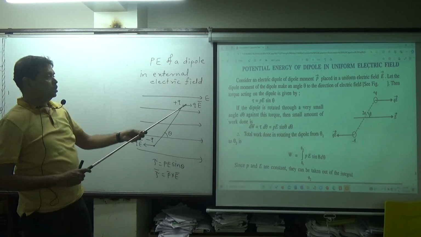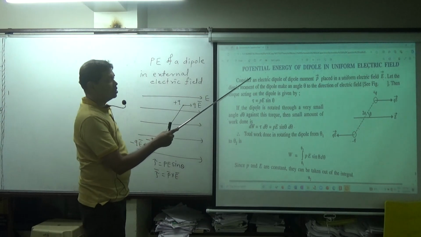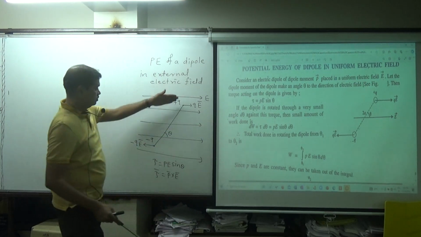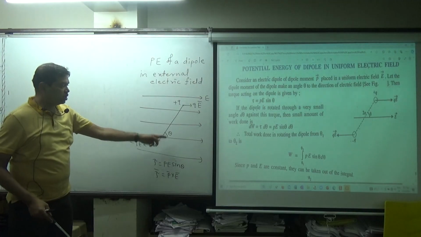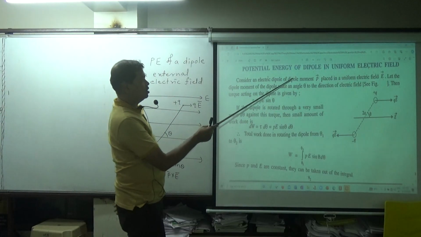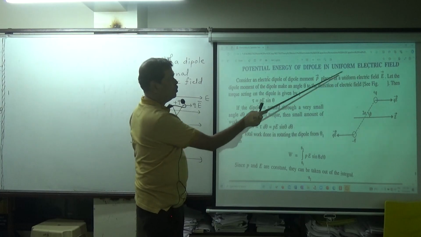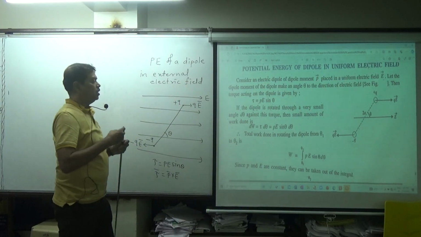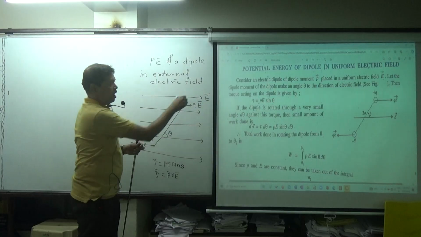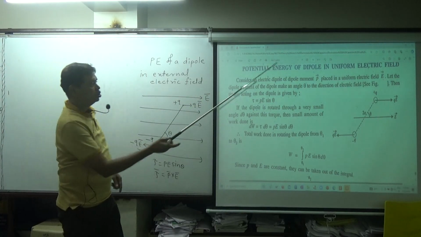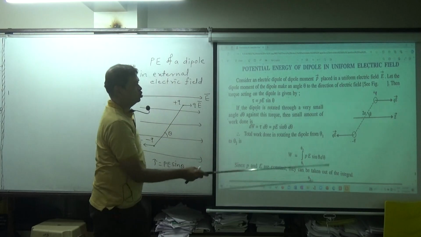What is written here? Consider an electric dipole of moment p bar placed in a uniform electric field E bar. Here plus q charge, here minus q charge.